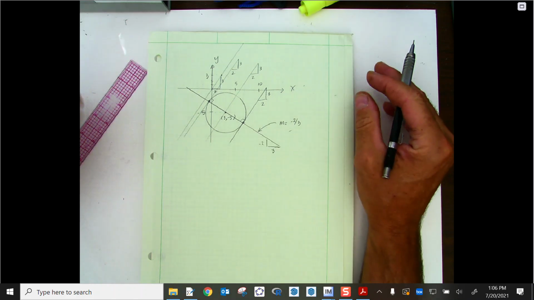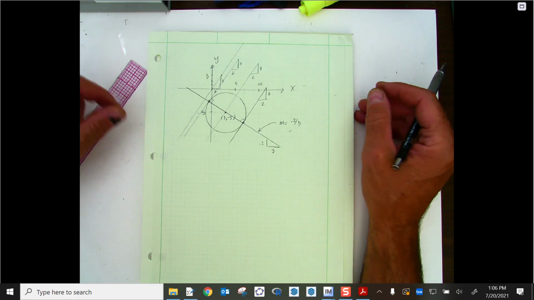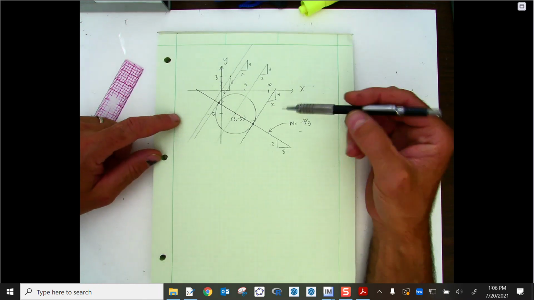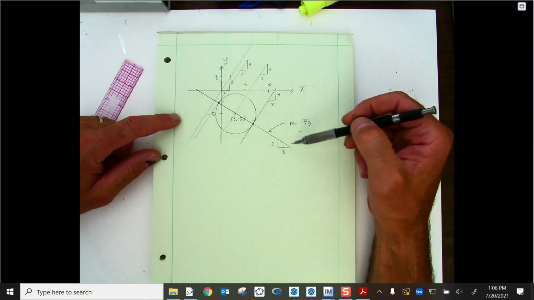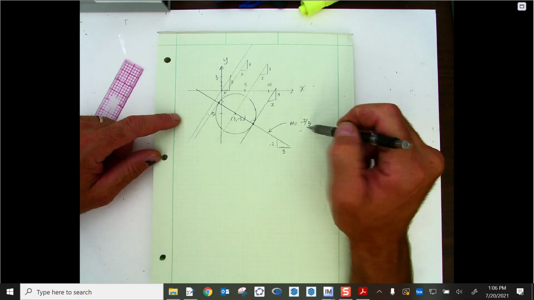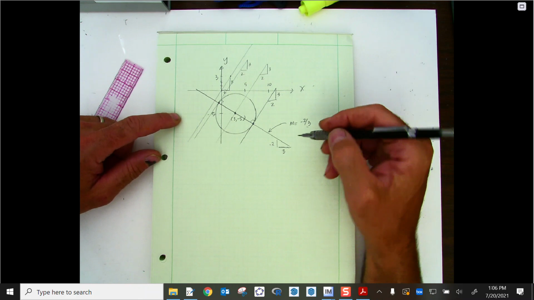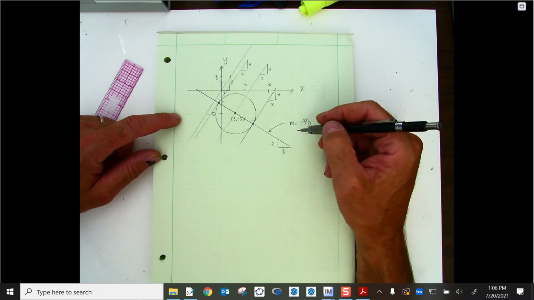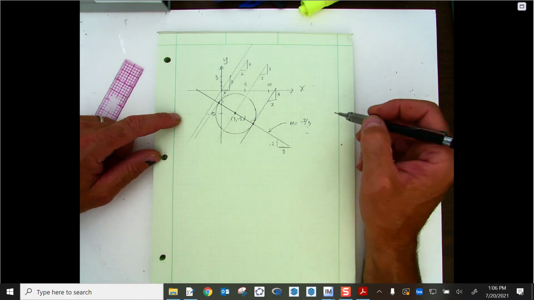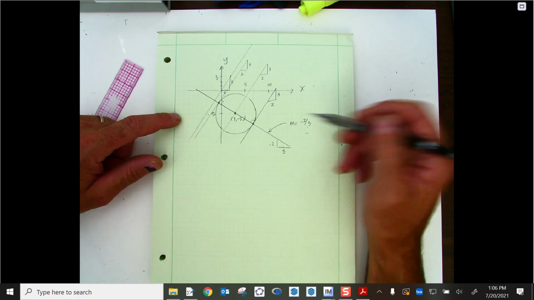And that right away opens up an idea about how I might solve this. I know that this line that's a diameter has this slope and passes through the center of the circle, (3, -5). So I have enough information to find m and b for that line.